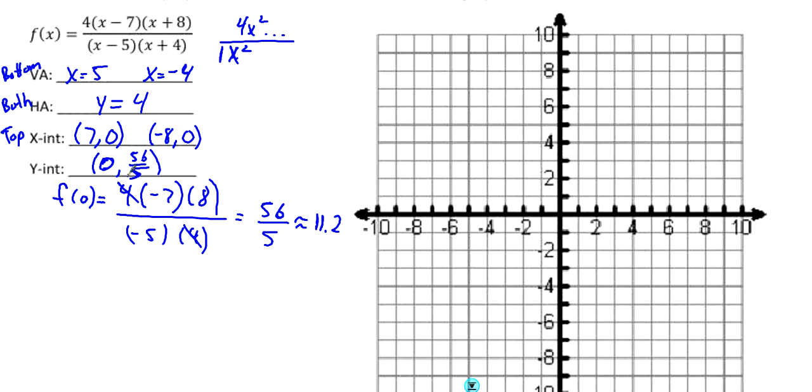Okay, so now we're going to use all this information to graph my rational function. So start with my vertical asymptotes. My vertical asymptotes are at negative 4 and positive 5.